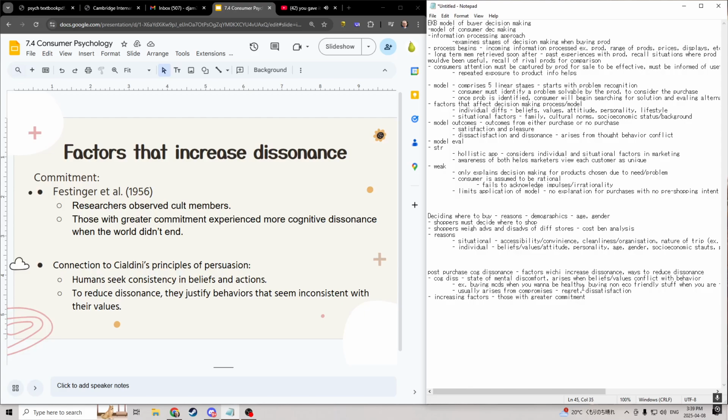Those with greater commitment, those seeking more consistency. Cognitive dissonance is reduced via justification of behaviors which are consistent.